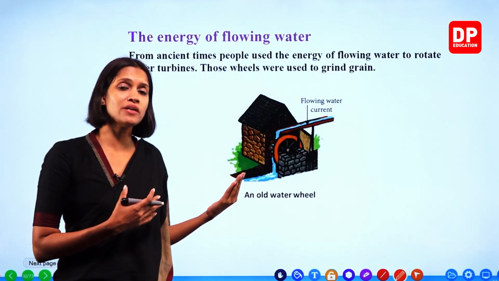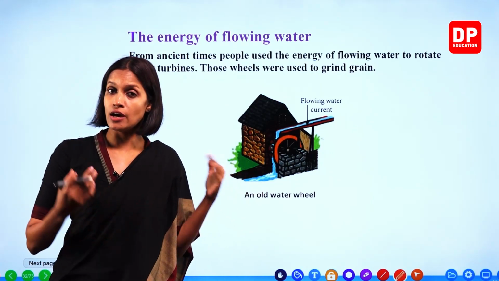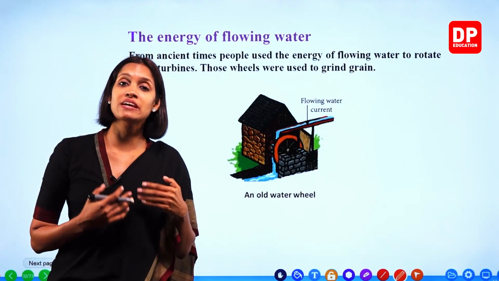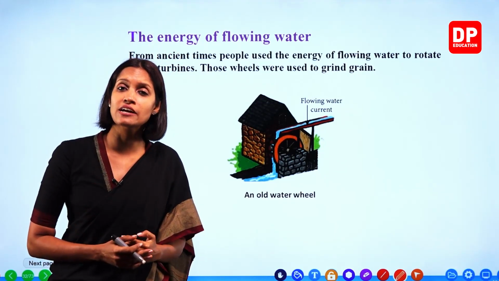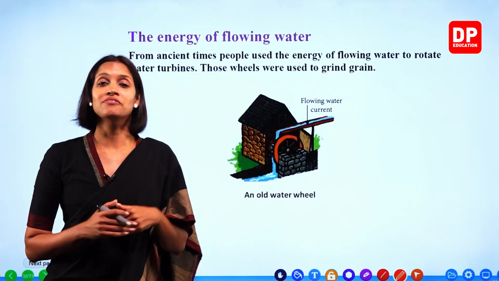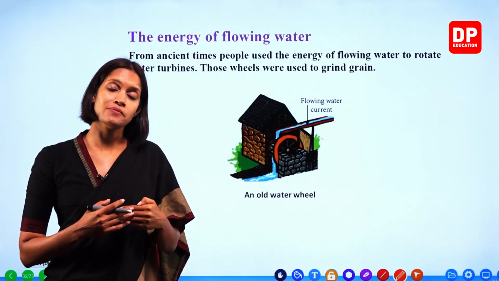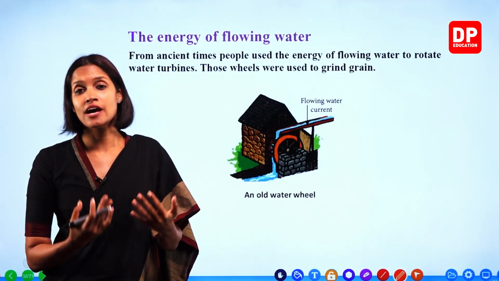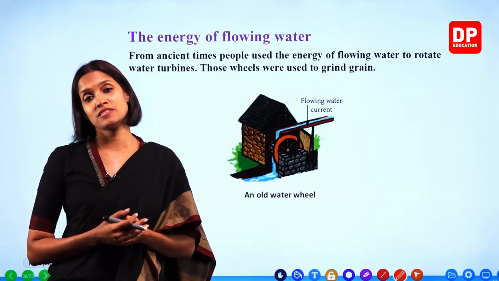In ancient times, there was no electricity. Nowadays, we use the energy contained in flowing water to generate electricity. Even in Sri Lanka, we have many hydropower plants. We have learned about the functioning of these hydropower plants many times.